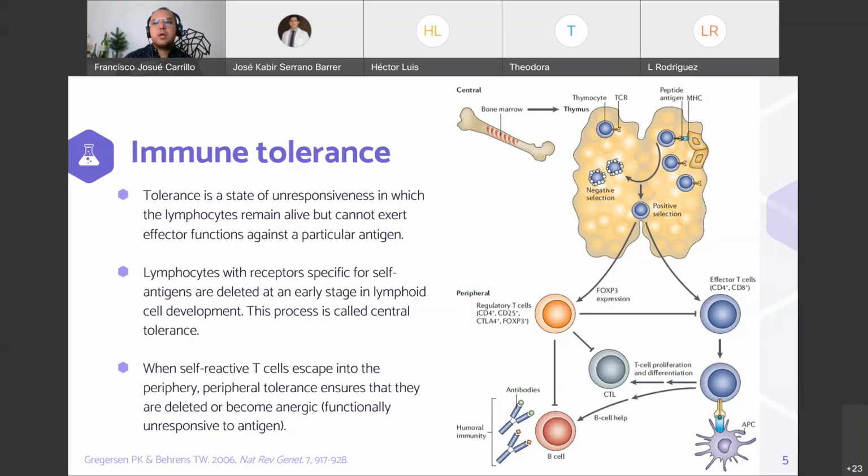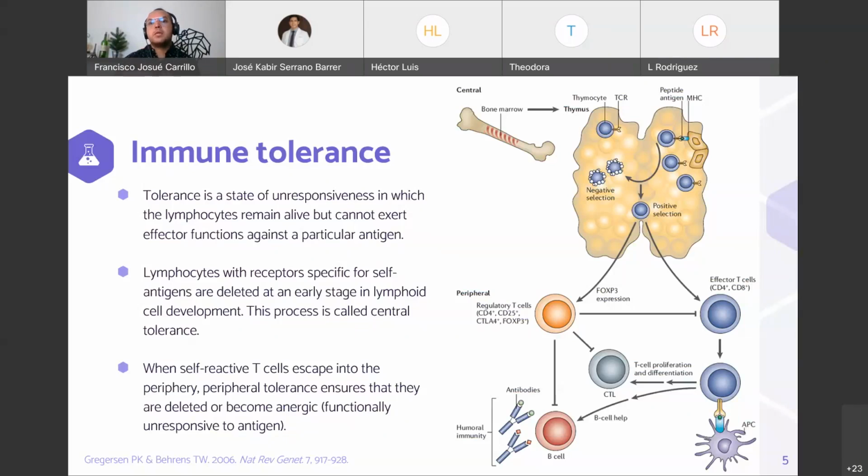So these mechanisms also contribute to a kind of quality control that our immune system makes to assess that all of those cells circulating through the periphery are functional, but they have to react to what they are supposed to react to, especially those of the pathogens such as bacteria, viruses, fungi, and not to the antigens that we produce or express in the proteins of our tissues.